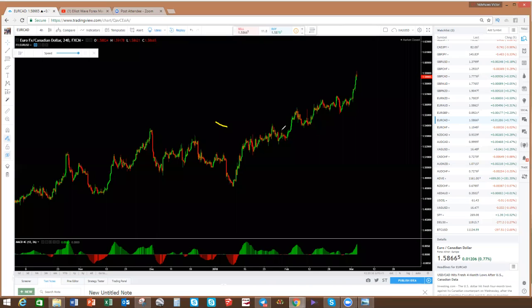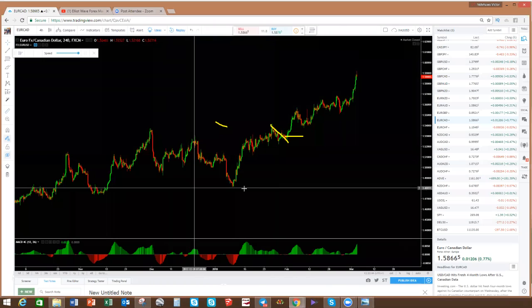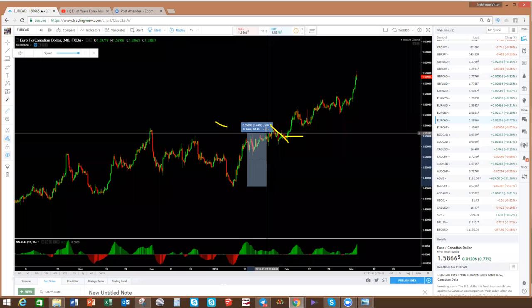This is 500 pips up to the level where I bought it here. I bought it here. But can you see that I missed 500 pips? Actually 600 pips.